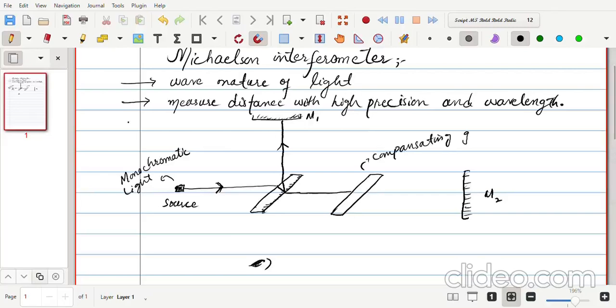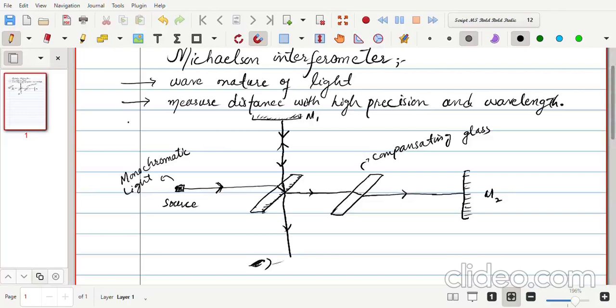It is a plain glass to maintain the path difference at 0. This ray emerges and goes straight to mirror 2. These two rays follow the same path back after reflecting from M1 or M2, and come down to the eyepiece.